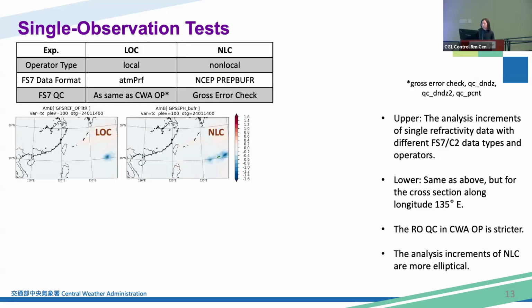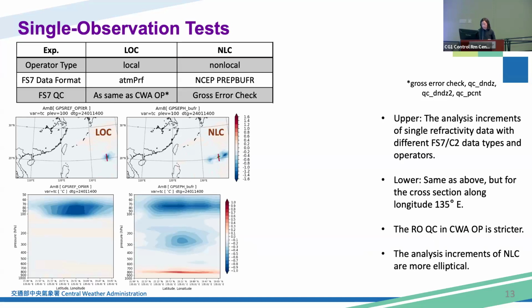First, we take a single observation test with a single reflectivity data and different COSMIC-2 data types and operators. We can see the local run and non-local run analysis increments in this two-dimensional distribution. We make a cross section along longitude 135° east.